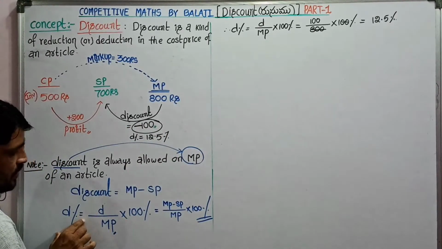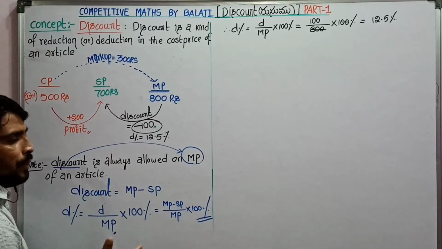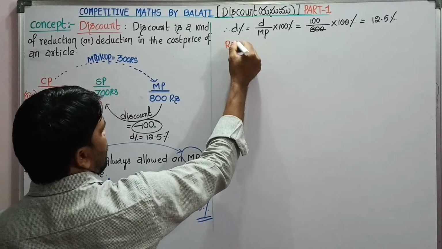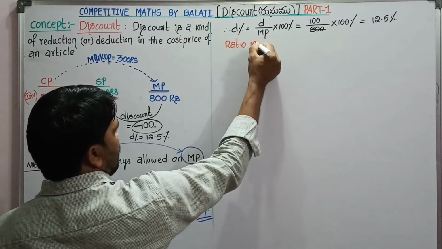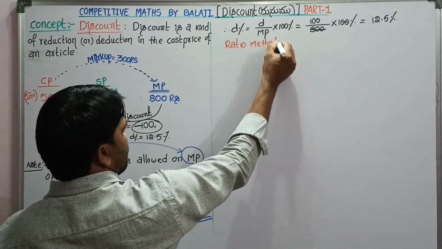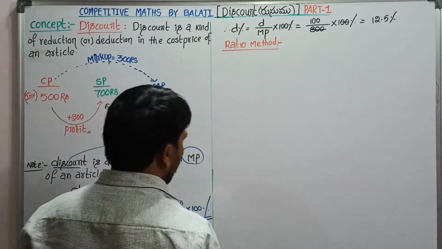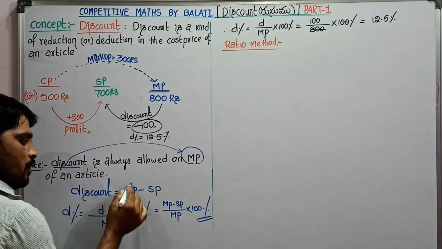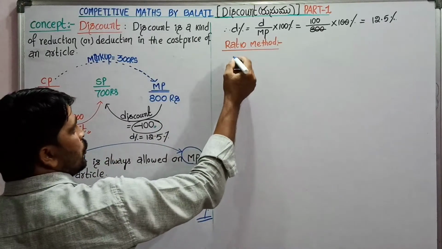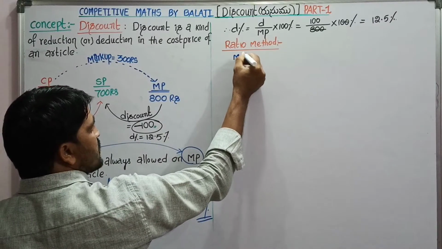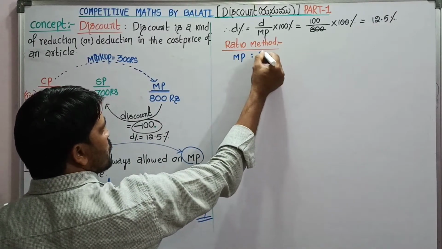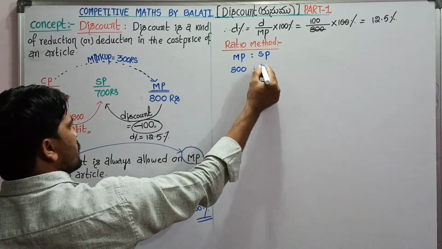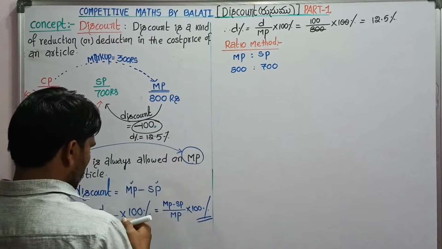But discount percent can also be calculated by the ratio method. That is our golden method. So let us find the discount percent by ratio method, which we use in problems. Since discount is the difference of market price and selling price, to find the discount percent, consider the ratio of market price to selling price. Market price is 800 rupees to selling price 700 rupees.